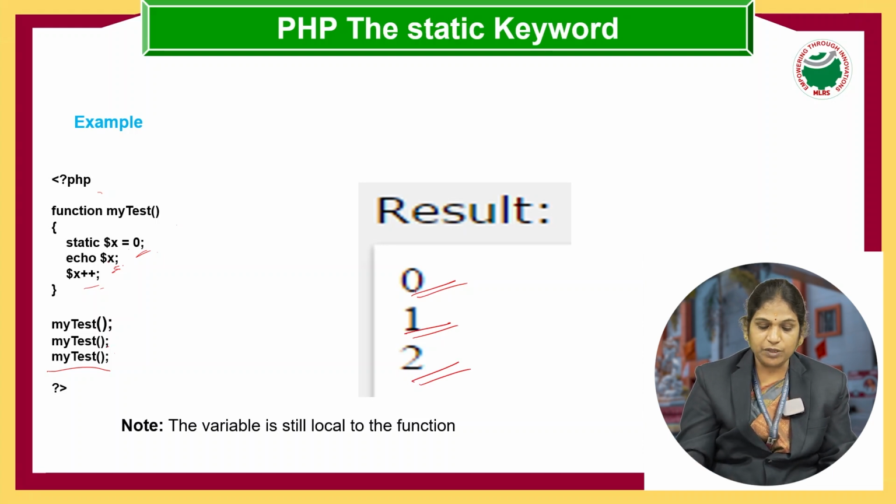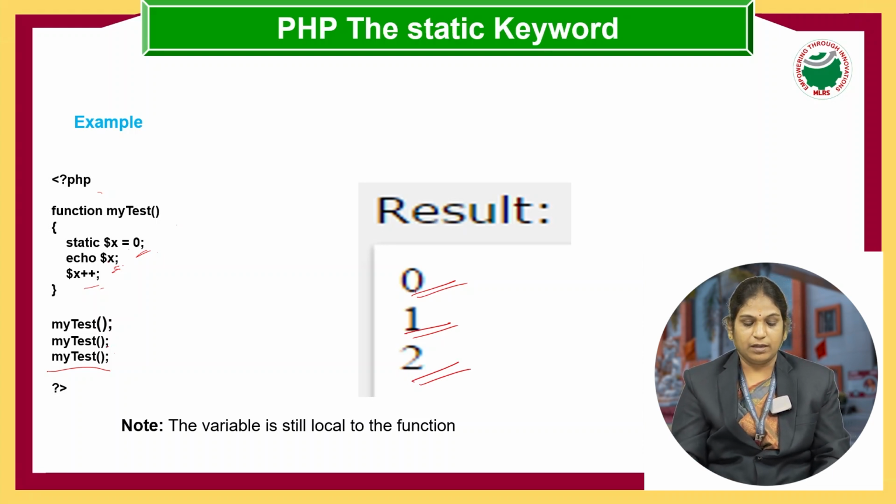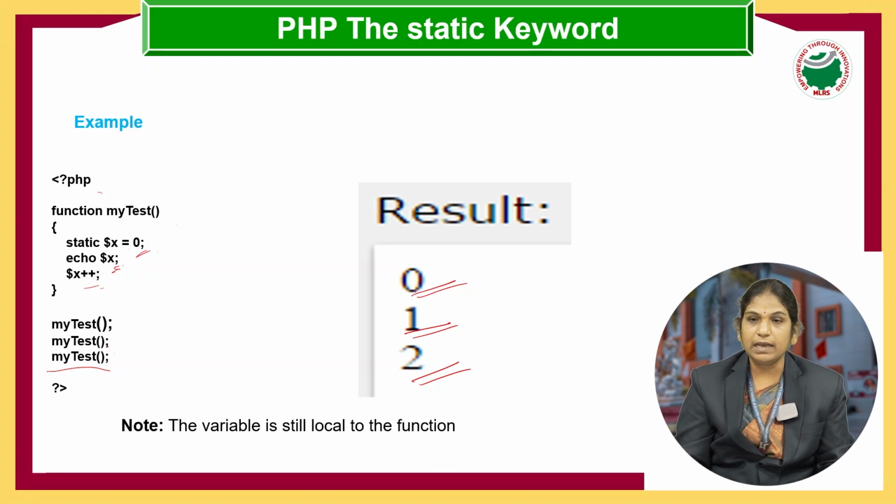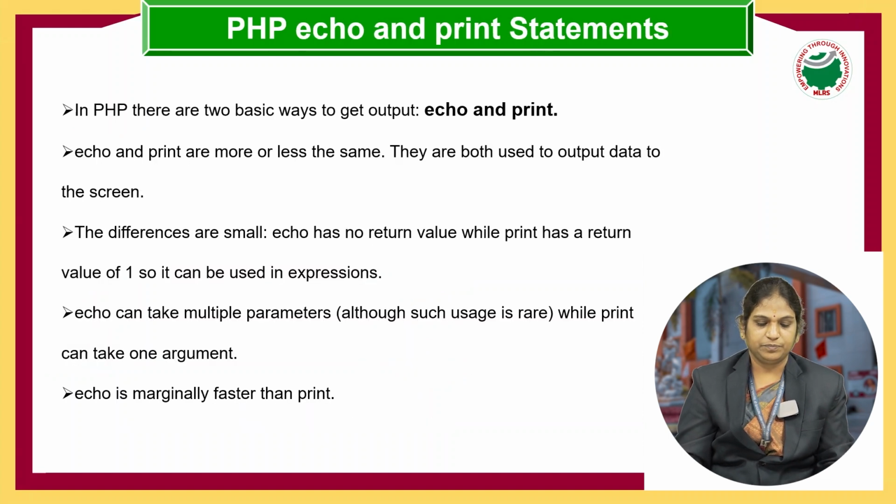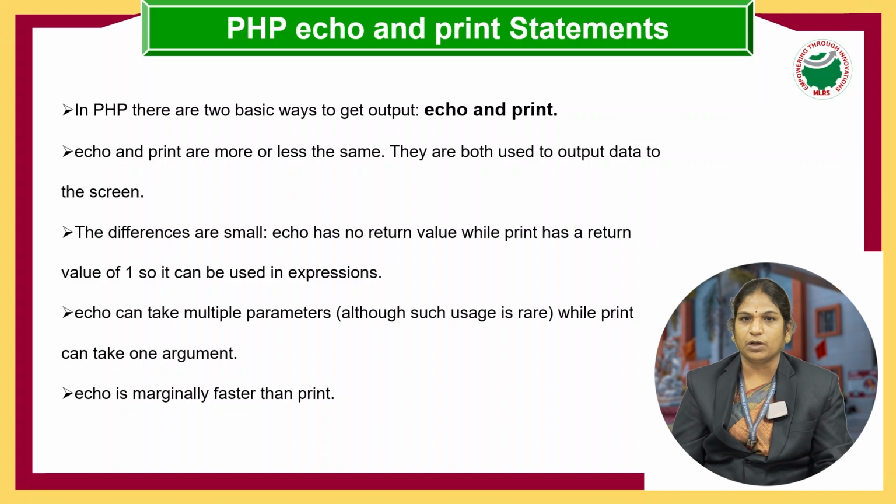So even though we have closed the function, the variable is still local to the function. And PHP output variables: I have told you that we have echo and print statements. In PHP, there are two ways to get output on the screen, echo and print.